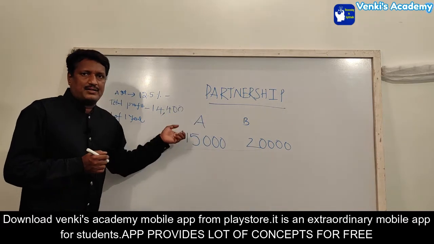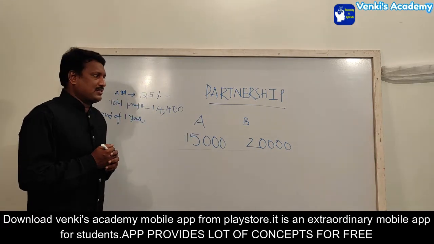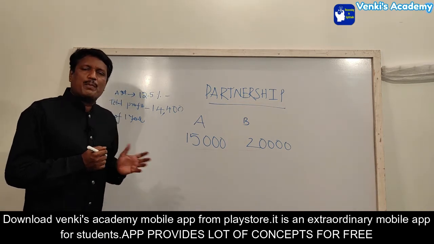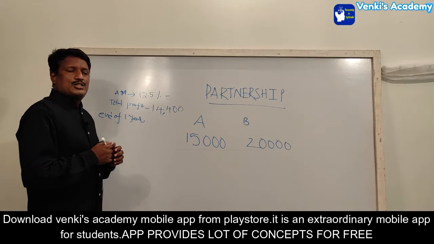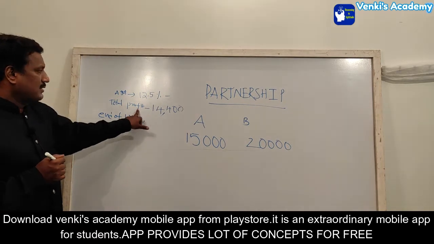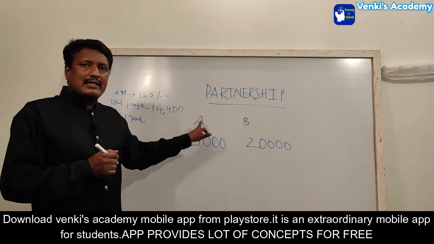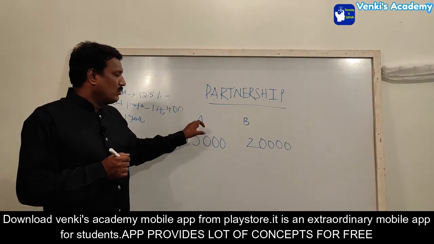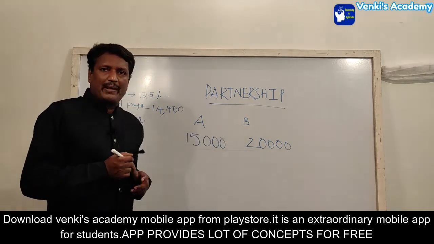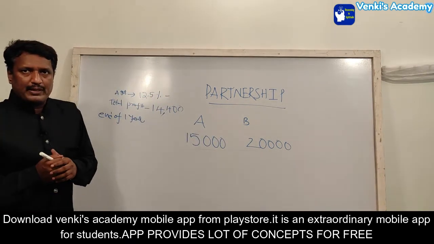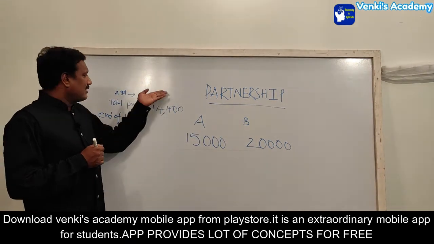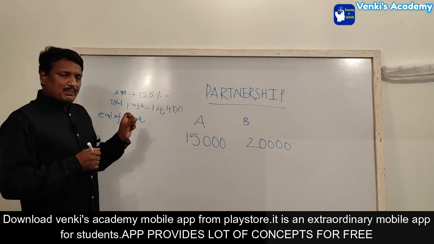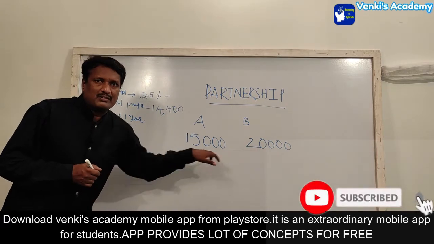So A got 12.5% as the risk amount, or we can call it a salary, not the profit share. Of the 100%, A is demanding 12.5% for managing the business instead of B. This is a risk amount only, not the share. You can call it a salary also. Now the remaining 87.5% they have to distribute depending upon their investments.